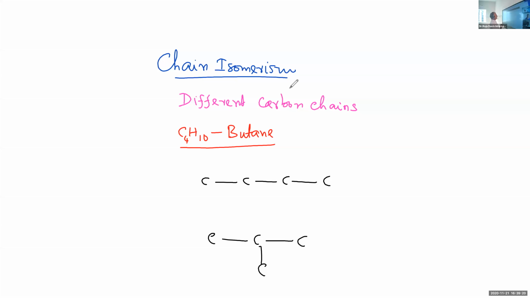So go back to that. Since the valency of carbon is equal to 4, we can add 3 more hydrogen atoms to this.